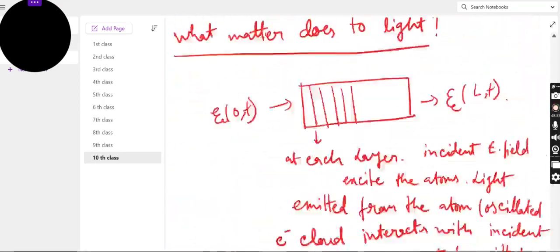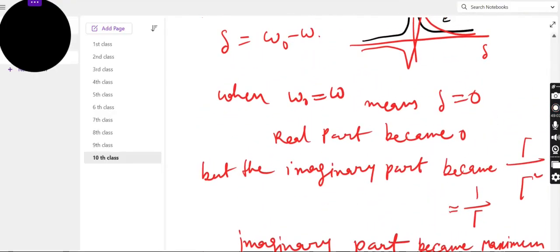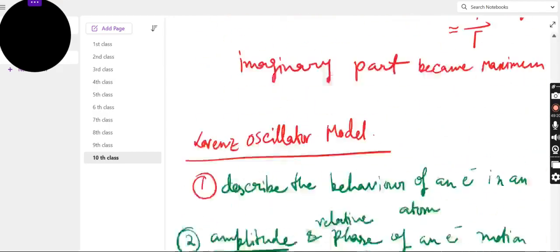And you can see mathematically when delta is 0, the imaginary part goes to maximum, and from this graph also when delta is 0 we get the imaginary part maximum, which is 1. And this is not the one actually, that is the normalization constant.